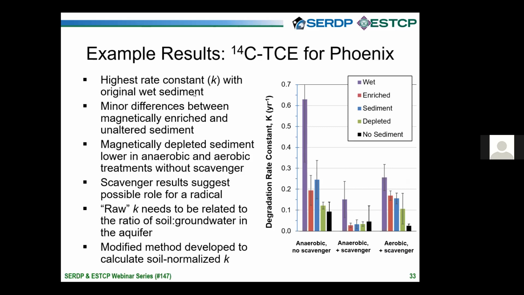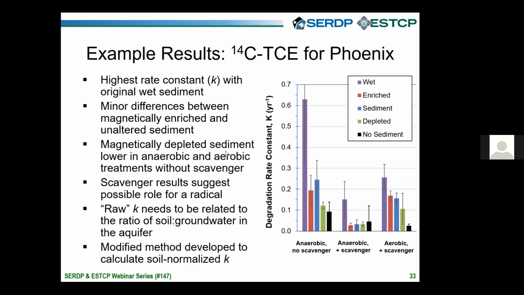Okay, so what we find here is that the highest first order rate constant for this particular site with TCE was in the original wet sediment. So obviously drying did tamp down the activity a little bit. That means the wet sediment's the most relevant to actual field conditions anyway. There were some minor differences for this site between the magnetically enriched and the unaltered sediment, because at this particular site, the degree of magnetic materials is on the modest side.